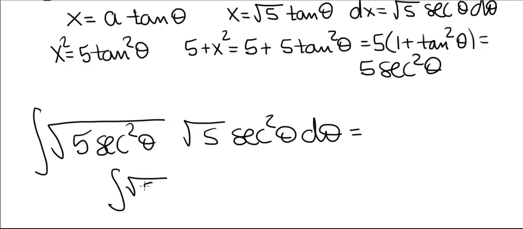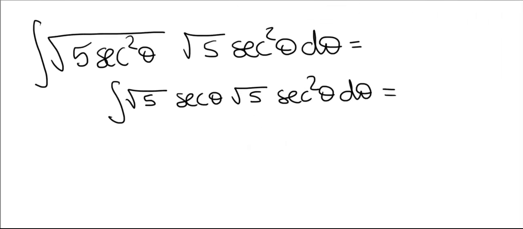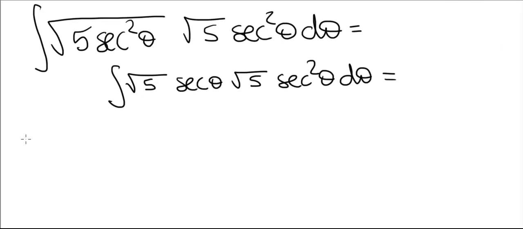We can assume the square root of secant squared is secant, so this is the integral of the square root of 5 times secant theta times the square root of 5 times secant squared theta d theta. And this simplifies to a known integral, something that you should know. The square root of 5 times the square root of 5 is 5, times the integral of secant cubed theta d theta.